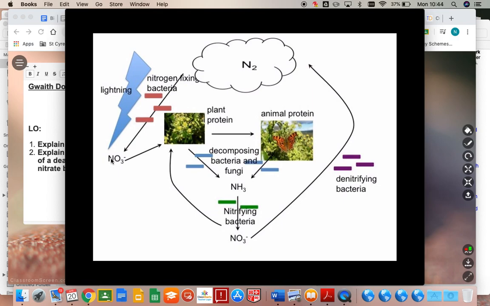They make the nitrates, plants take up the nitrates and turn them into proteins, adding them to the sugars from photosynthesis. Animals can eat the proteins, and that's where we get our nitrogen from. Then we have the decomposers first making ammonia, and then the nitrifying bacteria producing nitrates. Whether it is compost or manure, this is how you improve the fertility and get it back into the plants so they can make more protein. And these are the bad guys, the denitrifiers, which are removing fertility from the soil.